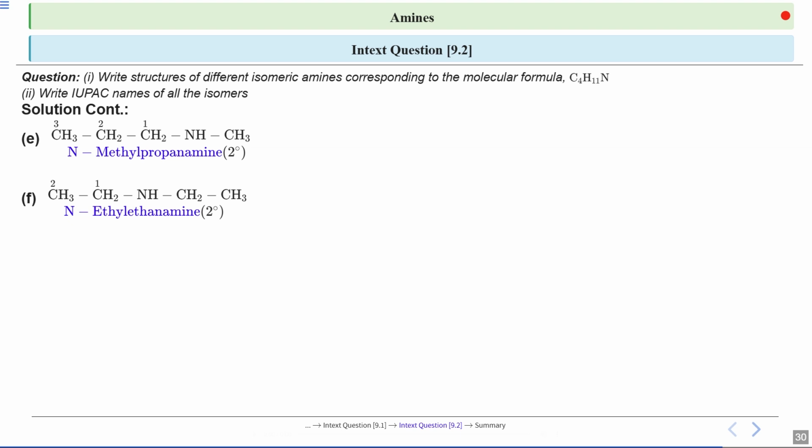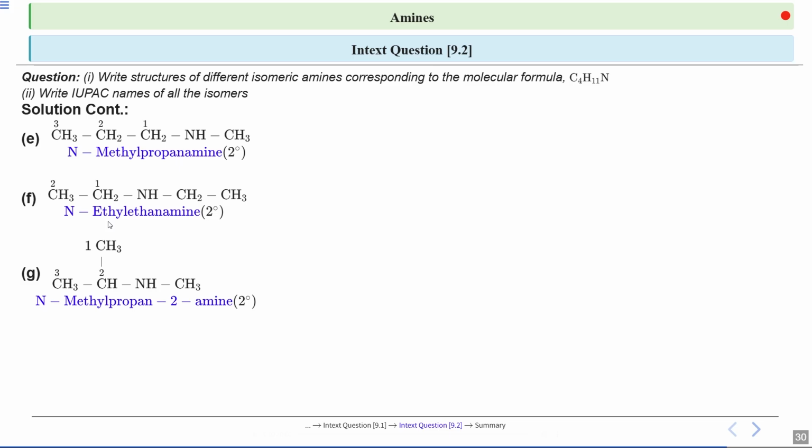Now this is another isomer. I have selected this as the parent chain. I have done the numbering 1, 2, and this ethyl group is directly attached to this nitrogen. So this will be N-ethylethanamine. This is a 2-degree amine because this nitrogen is bonded with 1 hydrogen and 2 carbon atoms. This is another isomer of C4H11N.